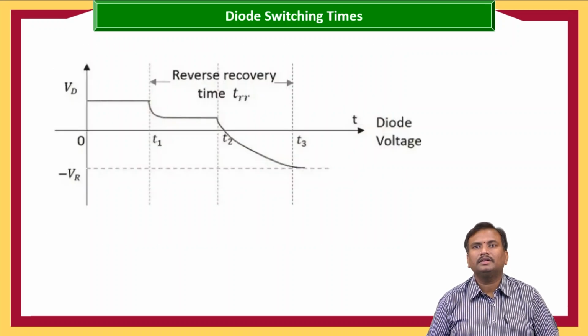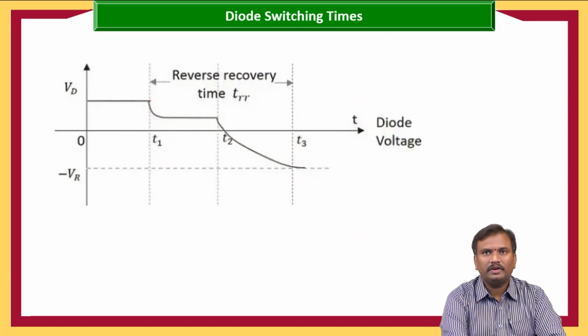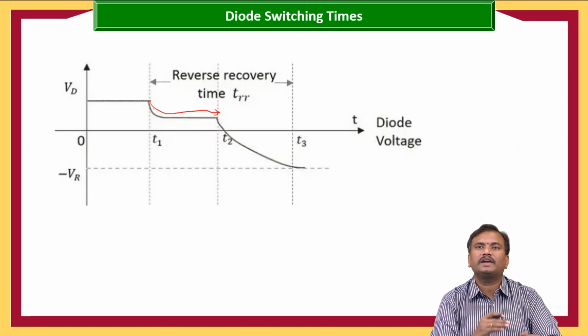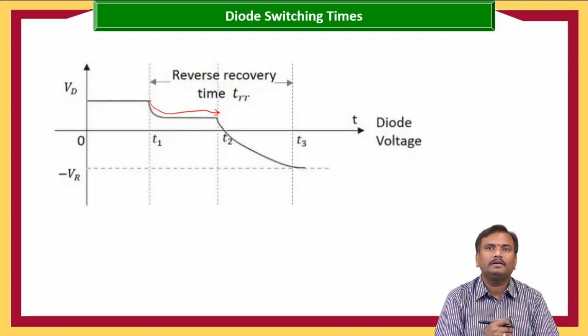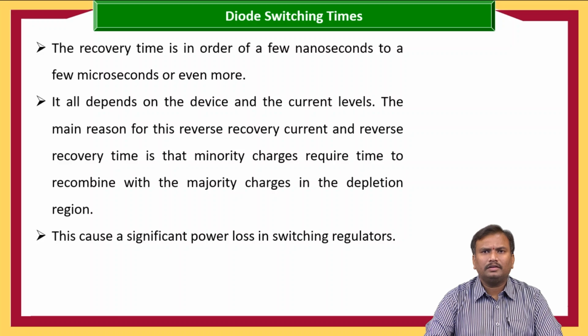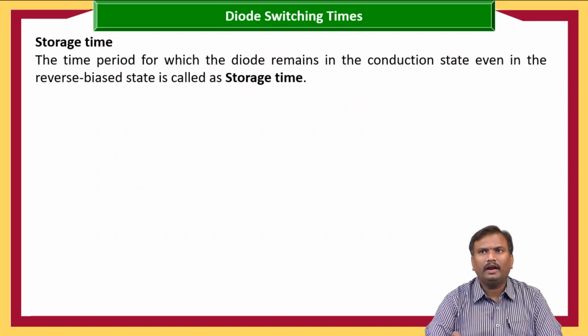Here you can see, from here to here, even though there is a reverse voltage applied at this point T1, up to T2 the diode is in forward bias condition. That means conduction is taking place in the diode from anode to cathode, and that time is called storage time.